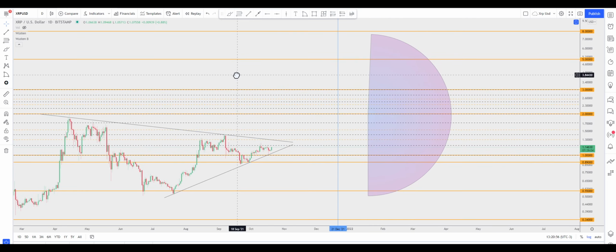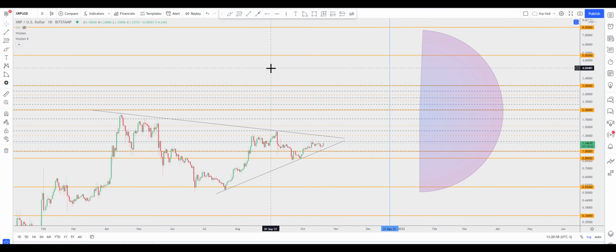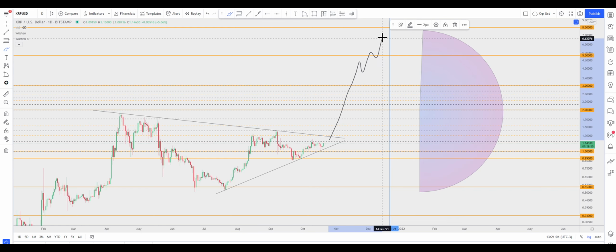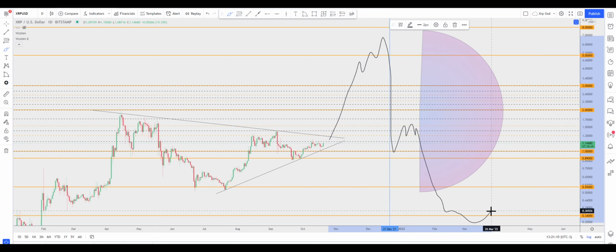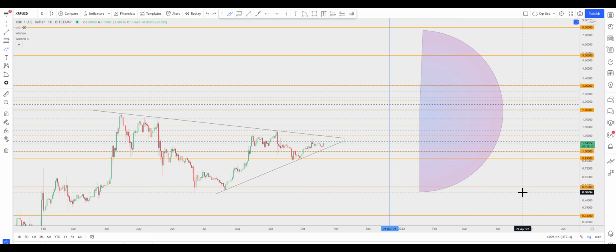And what blows my mind is how they can expect something like this: 5, 7, and then a multi-year bear. It's beyond stupidity. But so, I will wait patiently.